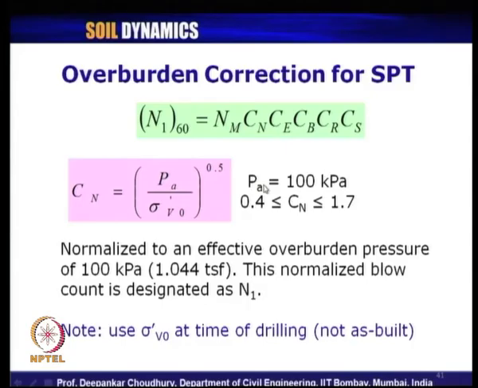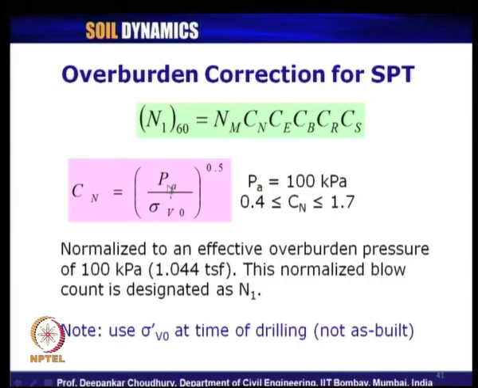Pa is the standard overburden pressure, that is 100 kPa or 1 atmosphere. We always do the reference with respect to 1 atmospheric pressure or 100 kPa of overburden pressure. For all overburden corrections, irrespective of the type of test or calculations, as you have seen till date, we do the standardization or referencing with respect to 100 kPa or 1 atmospheric pressure.